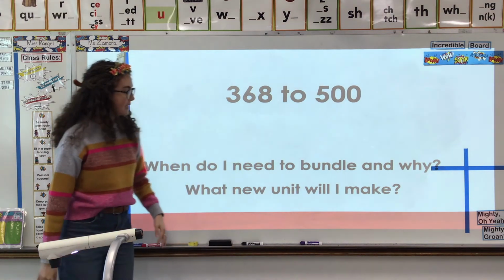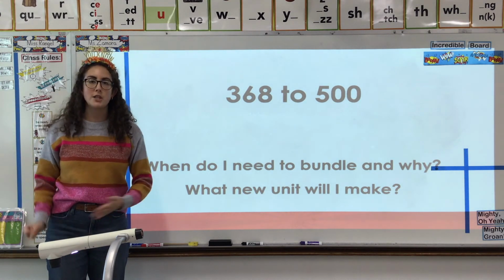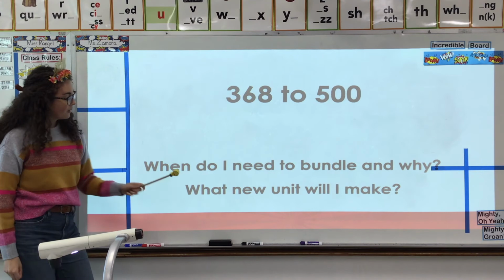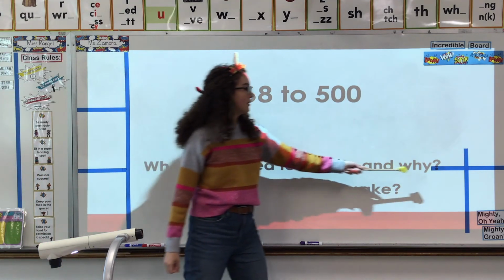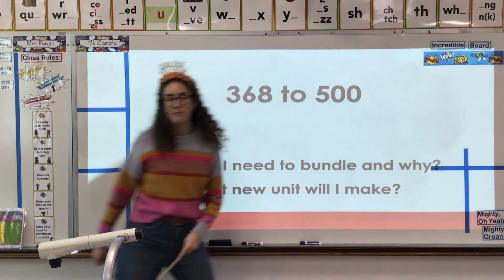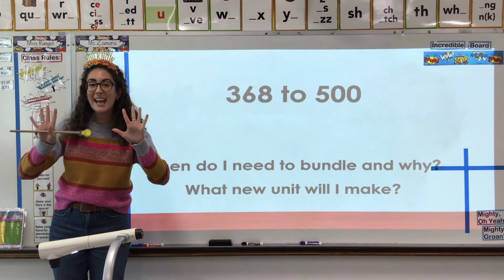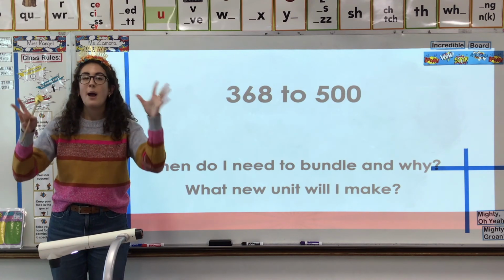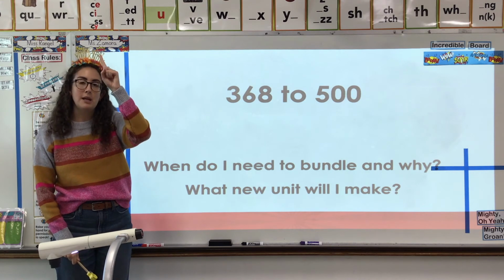As you're counting, I need you to ask yourself these questions. When do I need to bundle and why? So remember, you need to bundle when you have 10 of a smaller unit, because that's going to make one of a bigger unit.